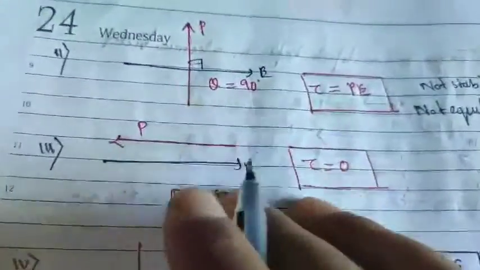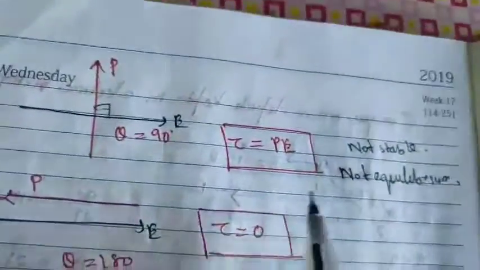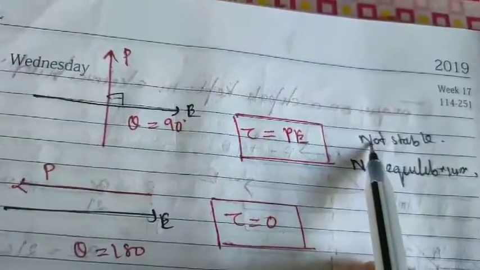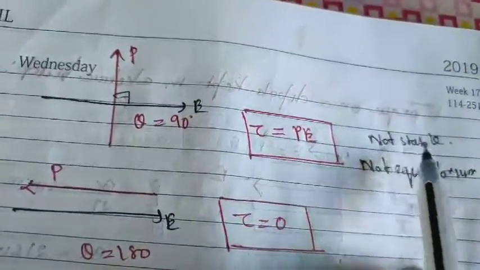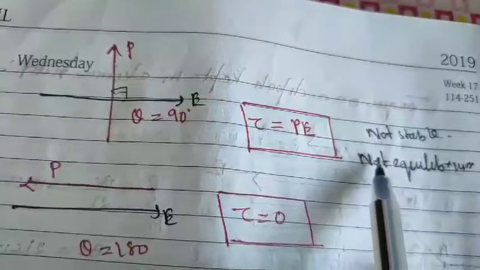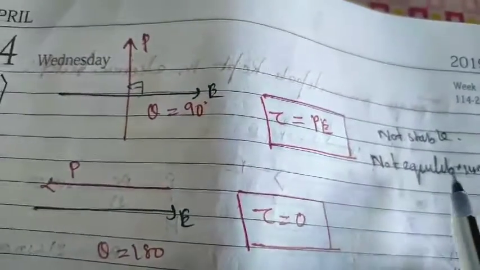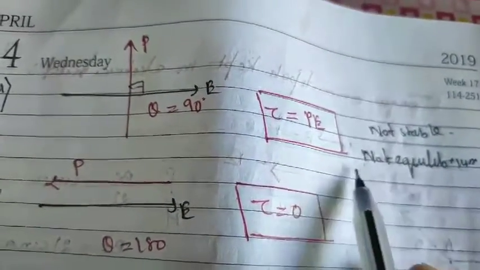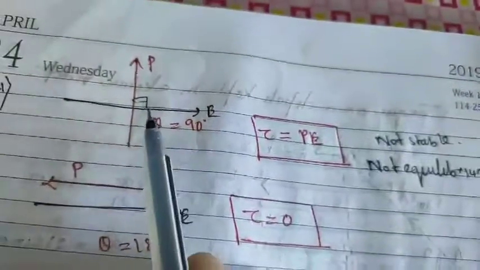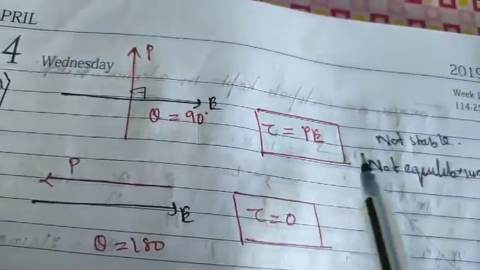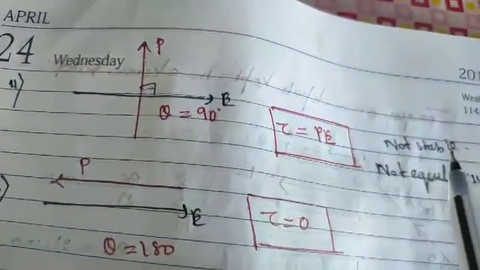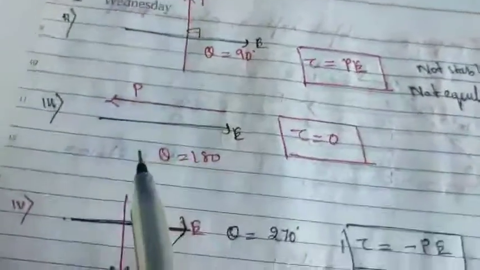So torque is PE. But this is the situation when the torque is not stable, and sometimes we say not in equilibrium, means the dipole does not regain its position. Clear?